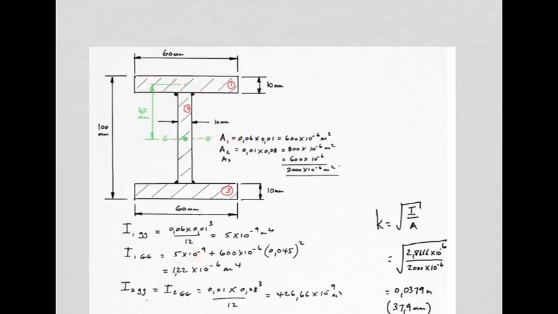So there's the 5 times 10 to the minus 9, the original answer, plus, remember, A times distance squared. A being area, so this is where we use that area, and it goes over there. And the 0.045 is the distance between the original axis and the new axis where you desire the answer. And there you'll see the new value, 1.22 times 10 to the minus 6 now, meters to the fourth.